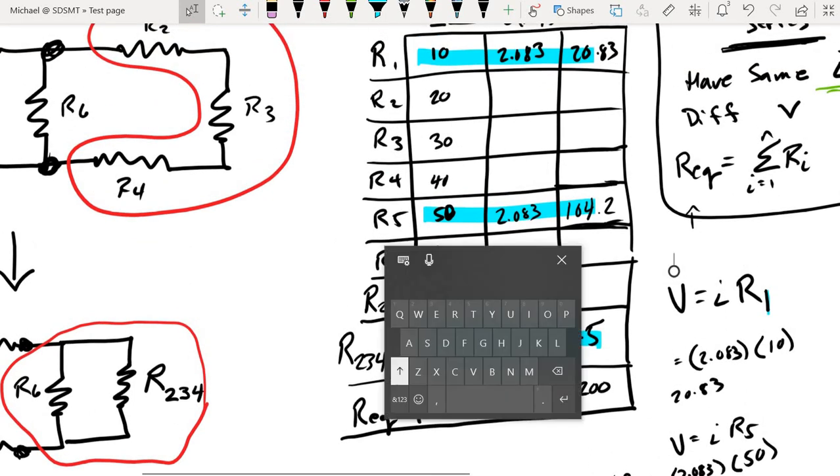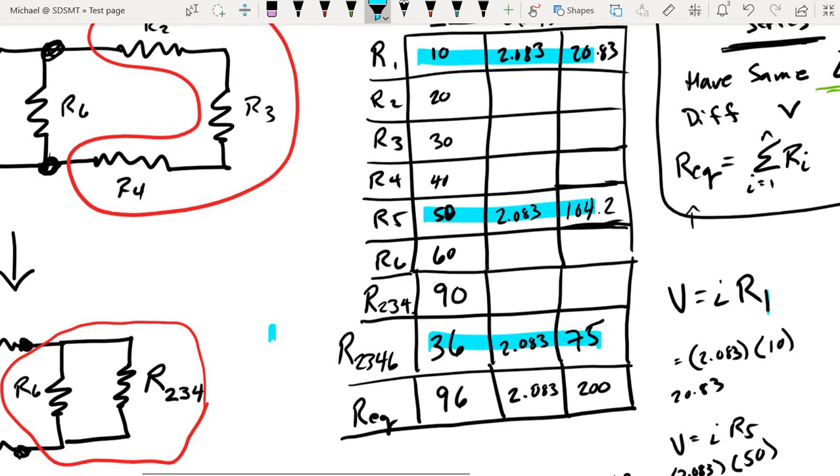The potential value of resistor 1 is 20.83. The potential value of resistor 5 is 104.2. And the potential difference of resistor 2, 3, 4, 6 is 75, which gives me a grand total of 200.03 volts.